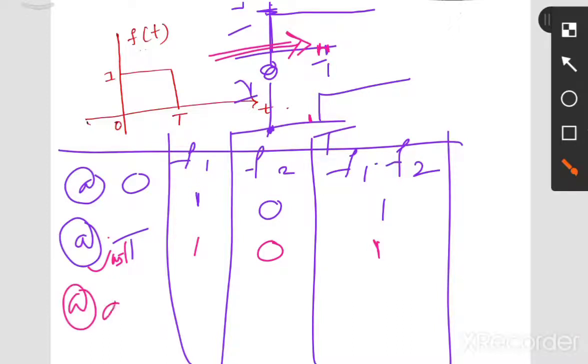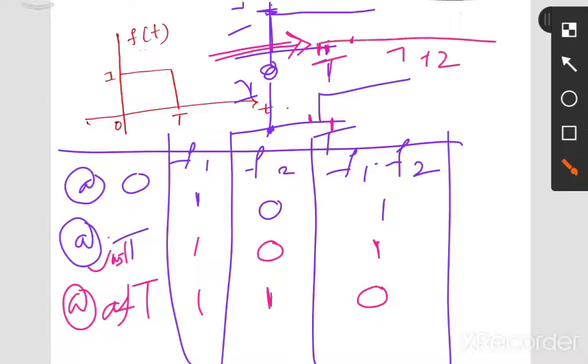But this signal will have a magnitude A for t greater than or equal to 0. Where is it greater than or equal to 0? This is 0 and it is greater than 0. So this signal will be present with the magnitude A on this side continuously.